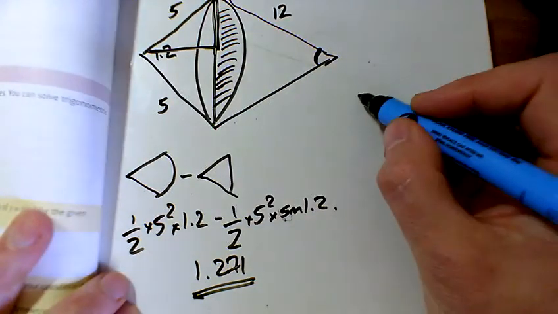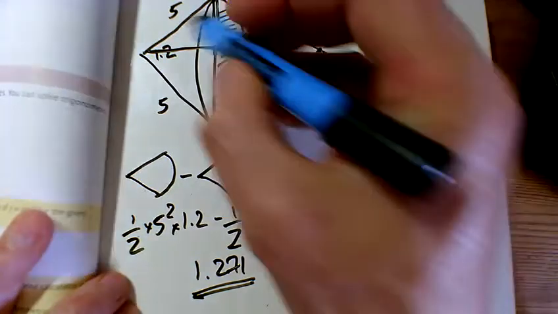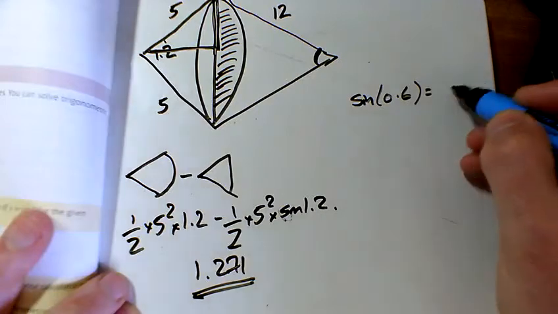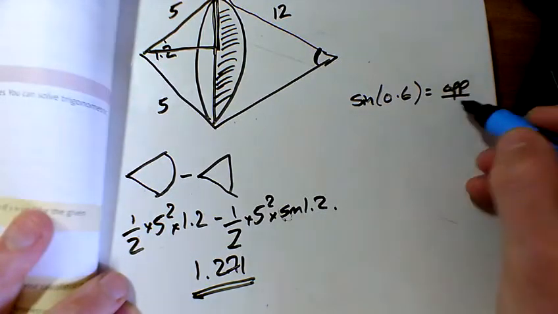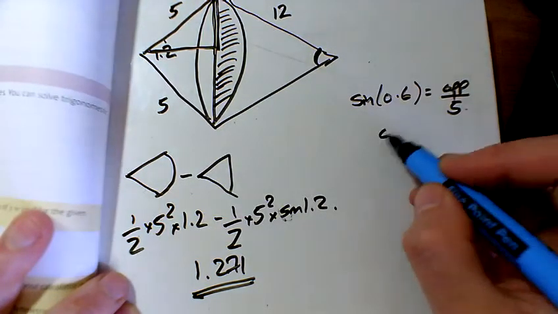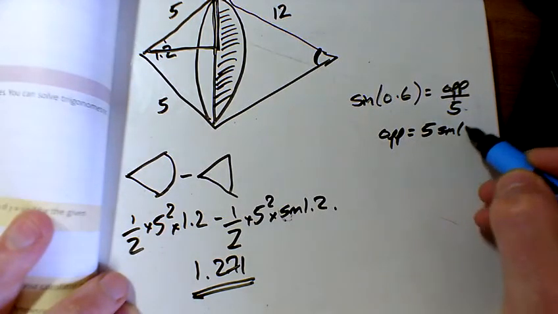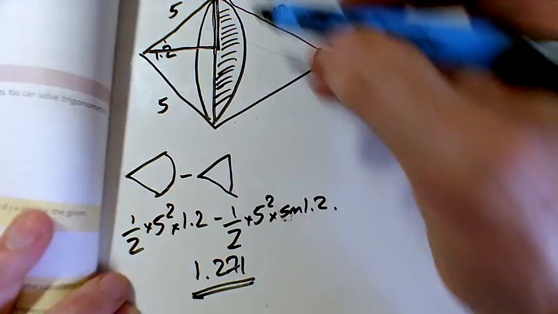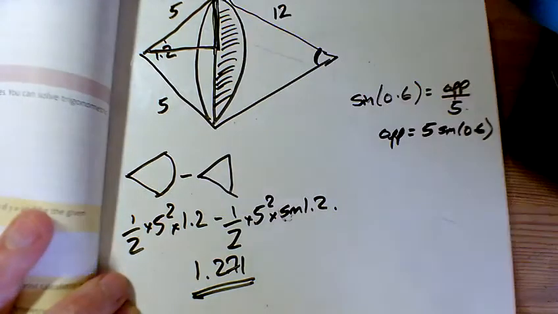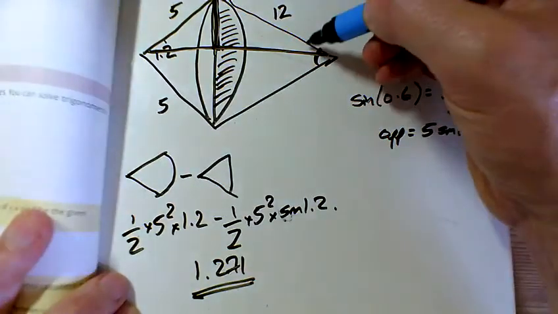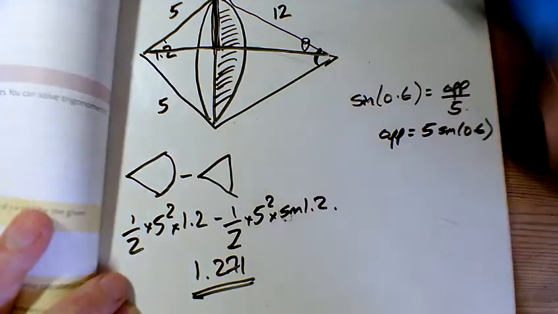So I'm going to say that the sine of half of that would be 0.6 equals opposite over hypotenuse. And so my opposite side is 5 times the sine of 0.6. That means if that's the 5 times, now I'm going to look into this triangle here, and I'm going to put this angle here as theta.